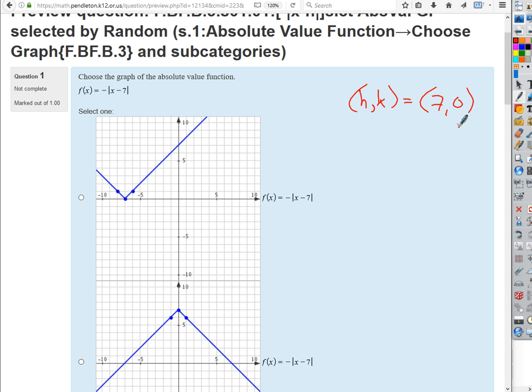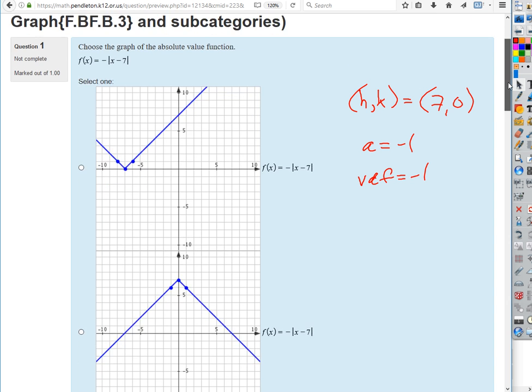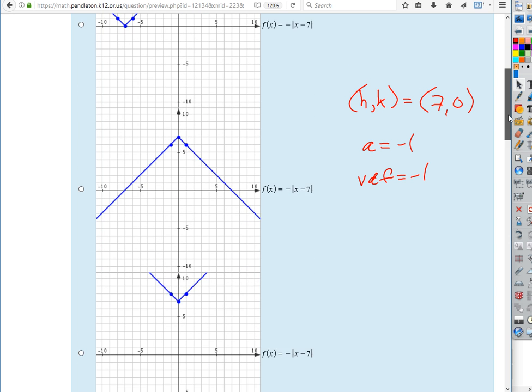Negative. Okay, so we know a is negative 1, so that tells us our vertical dilation factor is negative 1. So it's just going to flip, isn't it? There's not much going on here, so this would be an easy one to find. We're just going to look for a vertex at 7, 0, and it's flipped.